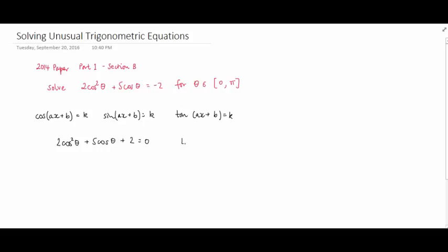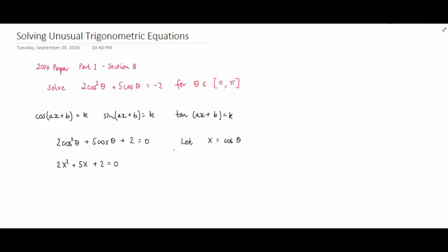And indeed, if we let x equal cos theta, the equation can be rewritten 2x squared plus 5x plus 2 equals 0. And that is a quadratic which we know how to factorise.